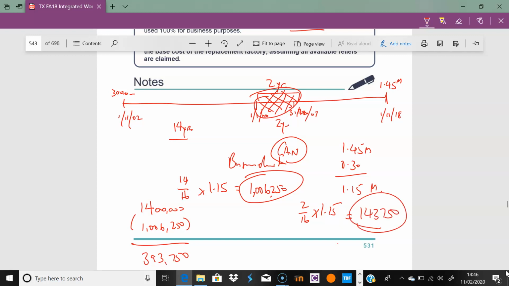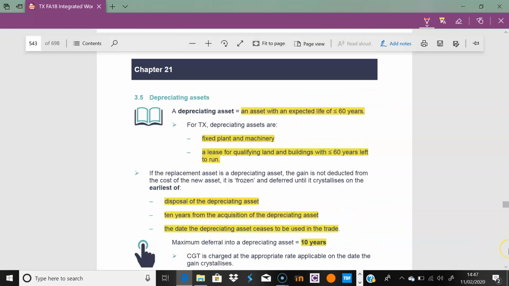All of this is a straightforward chargeable gain that is not business related, so it cannot enjoy any business relief. That's how we deal with that. So it's about making sure, but again, with practice, you start to pick up these things on the business element and watching out for it.